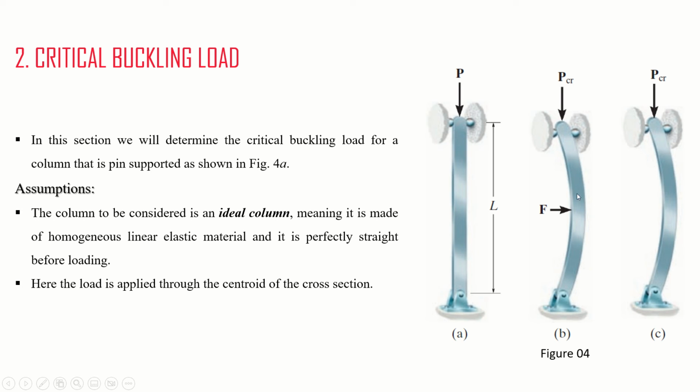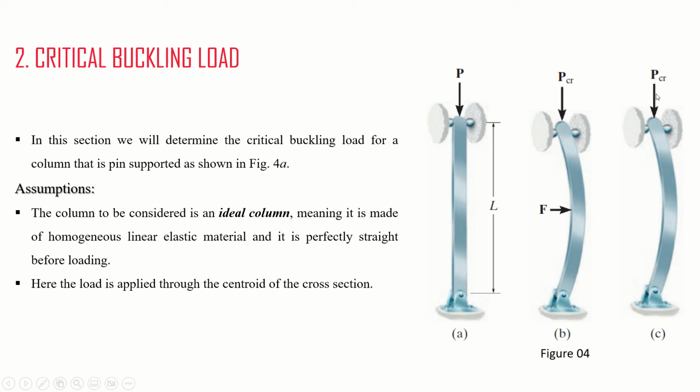If you remove this force F, the column will remain in this position no matter how long it takes, as long as the load is P critical, neither increasing nor decreasing. The column position will not change.